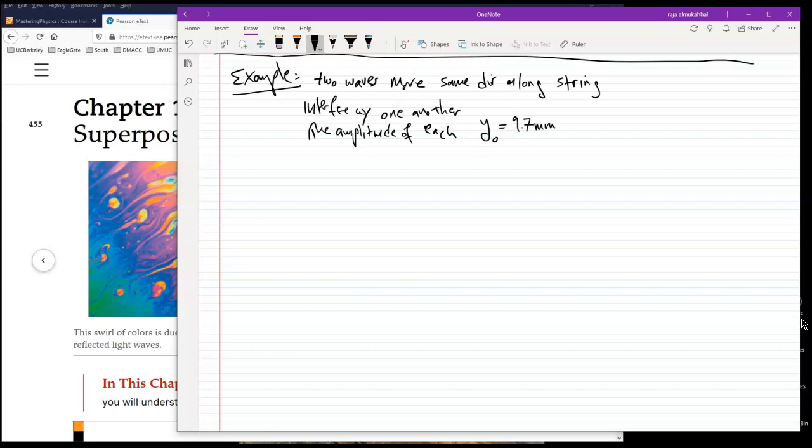Okay, and the phase difference phi naught is equal to 110 degrees. Now he's asking what is the amplitude of the superposition. We're going to call it y prime naught. Okay?